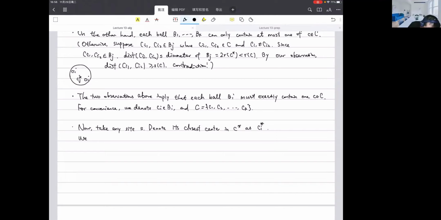So we know that we have the distance between S and the set capital C here. We just do this by using the triangle inequality. Of course, due to the definition of the distance, this is going to be smaller than or equal to the distance between S and Ci here. And due to the triangle inequality, this is smaller than the distance between S and Ci star, plus the distance between Ci star and Ci.